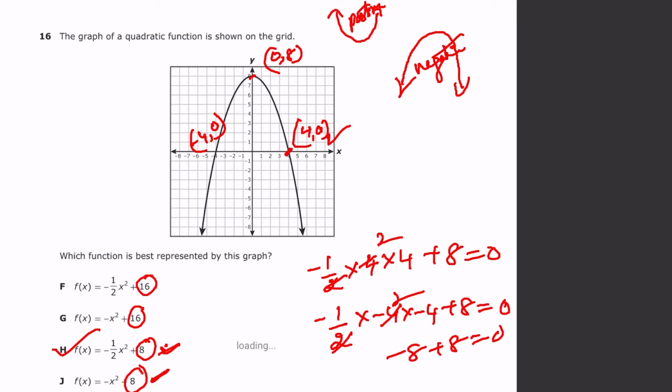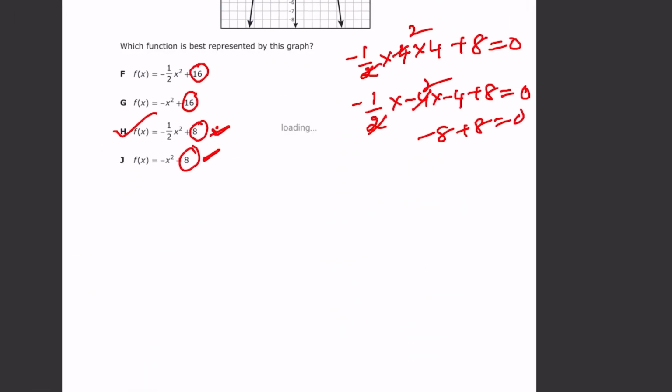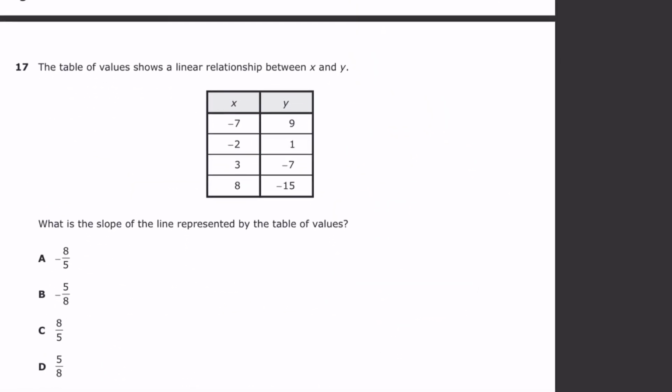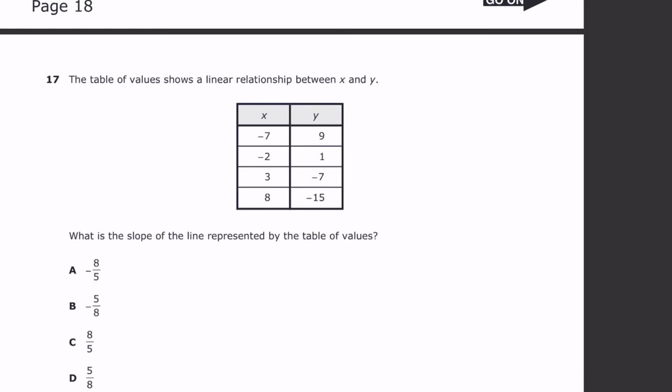So now next, going into the next problem. What's the next problem? We'll see. The table of values shows a linear relationship between x and y. What is the slope of the line represented by the table of values? You know definitely how to find the slope for this table of values.